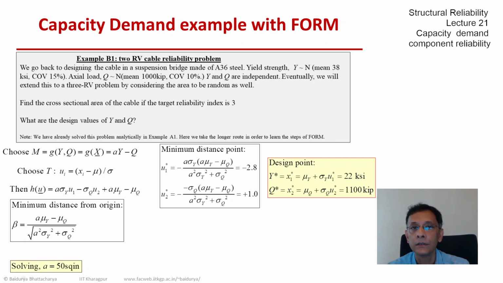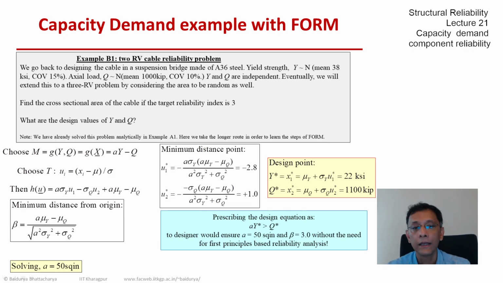So the most likely value of y, the yield strength, is roughly 22 ksi, the mean being 38 ksi, and the most likely value of the load is about 1100 kilopounds, the mean being 1000 kilopounds. This is quite useful information, because this point y star and q star is on the limit state line in the basic variable space.